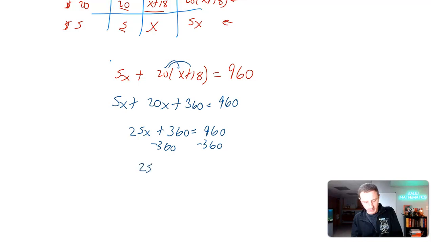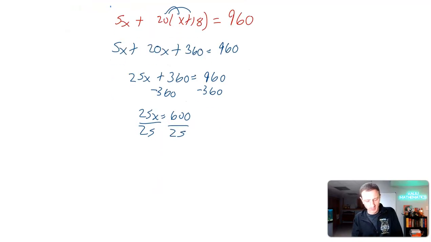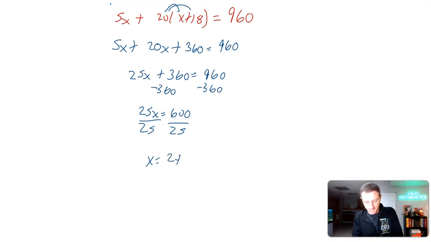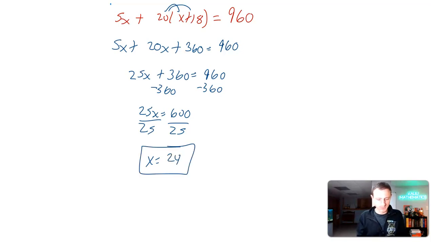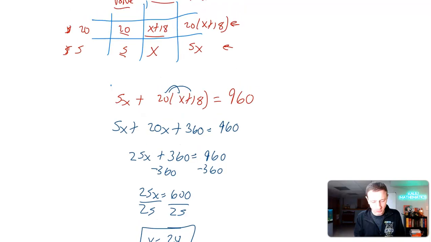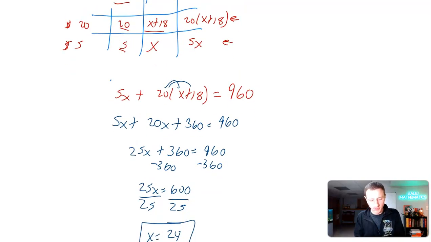So we get 25x equals 600, divided by 25. x equals 24. So x equals 24. That means that we have 24 $5 bills.